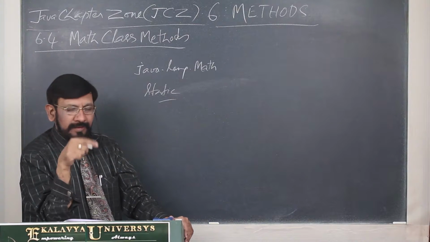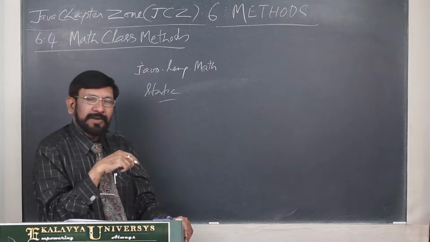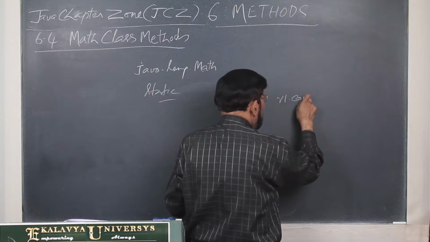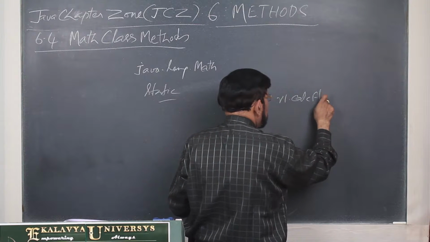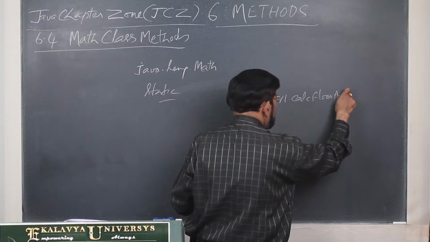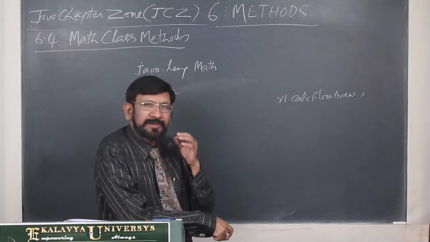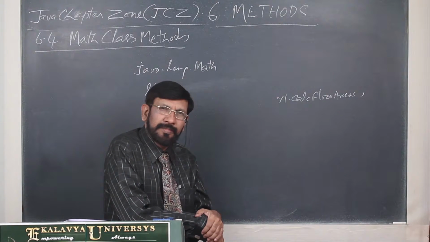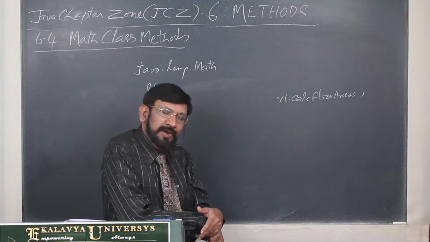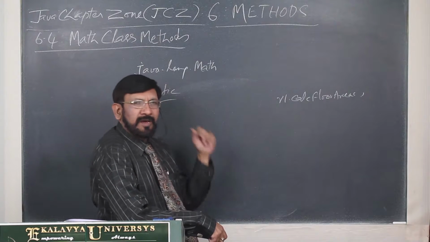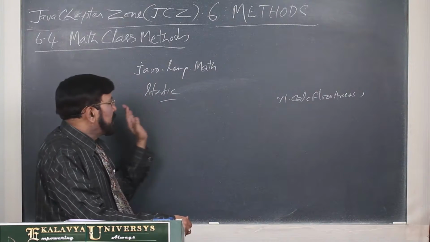In the previous topic I explained R1, R1 is the object, calculate floor area, because this is an instance method. As far as static methods are concerned, we have to call them via the class. All methods of this Math class are static methods.